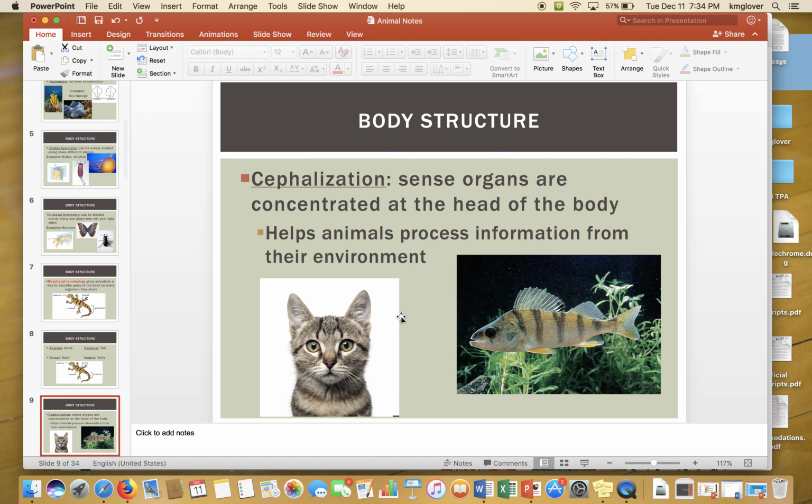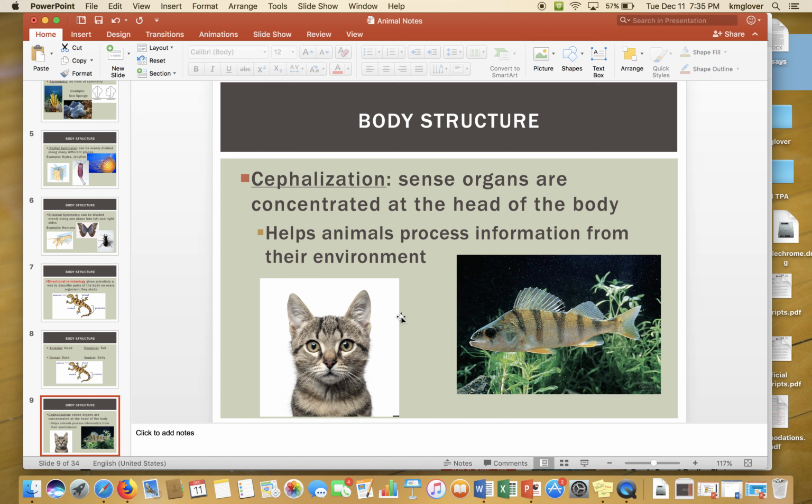Okay, you have your next blank is going to be this slide right here. Animals also have what we call cephalization. Cephala, if you remember from doing your stems, that would mean head. So this just means that your sense organs are concentrated at the head of your body.